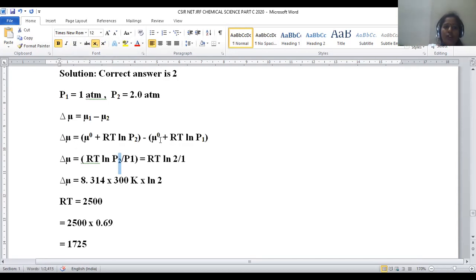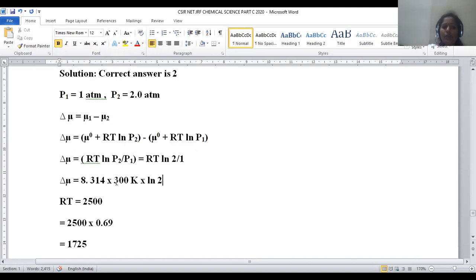Plus mu naught minus mu naught both get cancelled. Now the formula will be RT ln P2 by P1. P2 value will be 2, P1 value will be 1. ln 2 by 1 is nothing but ln 2 itself. R is the gas constant whose value is 8.314. T is the temperature.